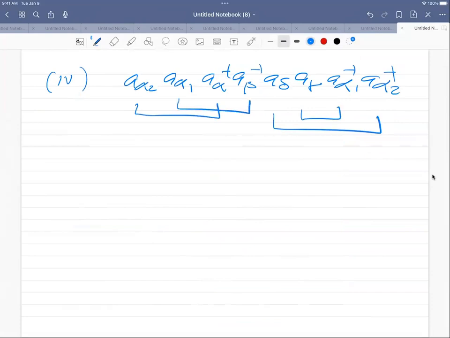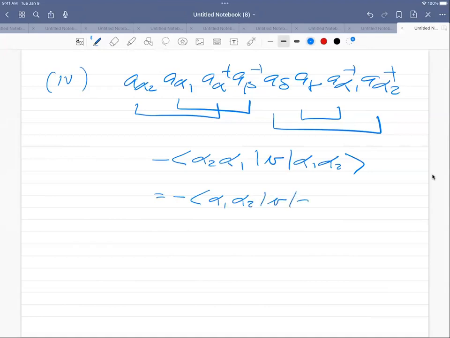That will give us a minus sign, and we get a matrix element which now reads alpha 2 alpha 1 of V alpha 1 alpha 2. Now, if I swap 1 and 2, I get the same integral. So this is the same as minus alpha 1 alpha 2 of V of alpha 2 alpha 1.